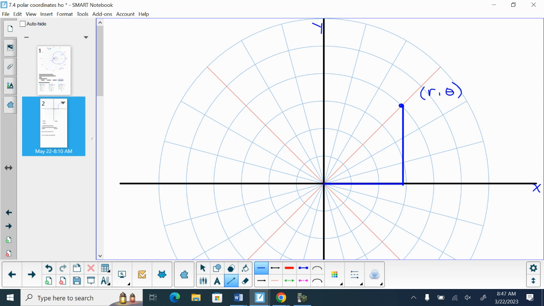In an xy coordinate system, we move out x and we move up y. In the polar coordinate system, this is our angle of rotation theta. This is our distance r. And no matter what coordinate system we are in, r and theta or x and y, we get to the exact same point.